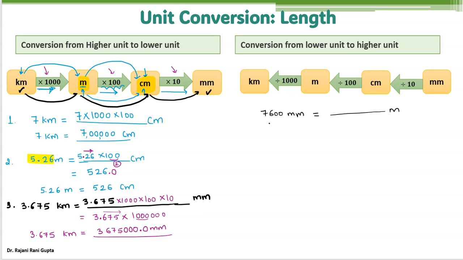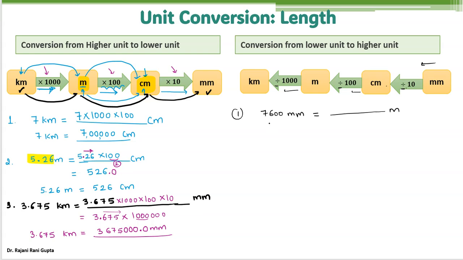But when we are moving from lower unit to the higher unit, we divide. In that case, we divide by the same quantities: from millimeter to centimeter, we divide by 10. When we move from centimeter to meter, we divide by 100. And when we move from meter to kilometer, we divide by 1000.